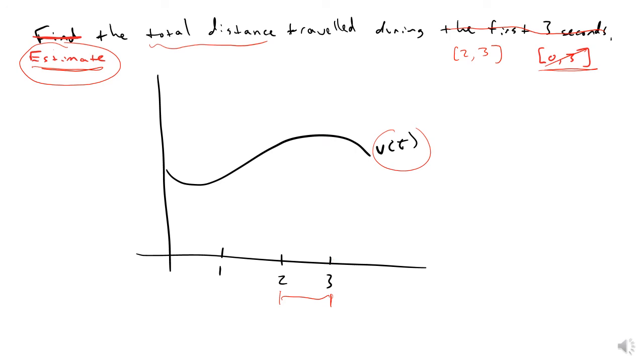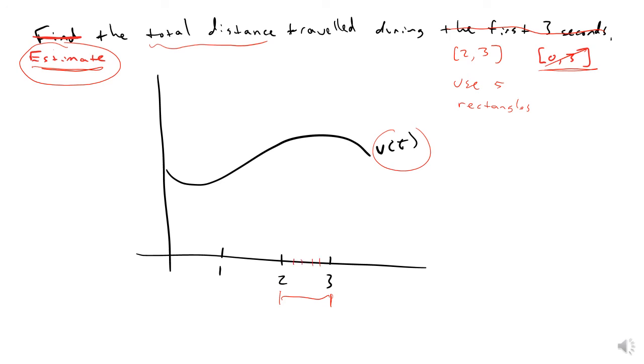And usually on this type of question on your homework, they'll tell you how many rectangles to use. So they may say the interval from time 2 to time 3, and they'll say to use 5 rectangles. So if I'm going to go from 2 to 3 and use 5 rectangles, then I have to break up my interval into 5 subsections, right?